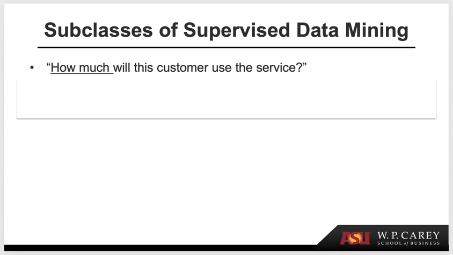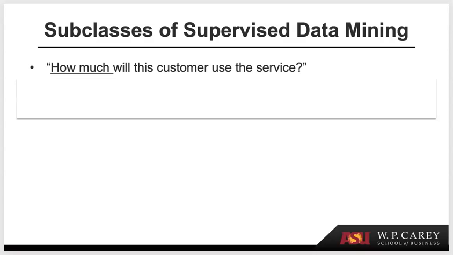And then this one, say you're interested in how much the customer will use the service. It can be like 3 times a day, or if it is an internet service, how many megabytes.